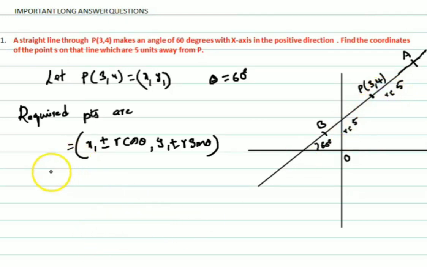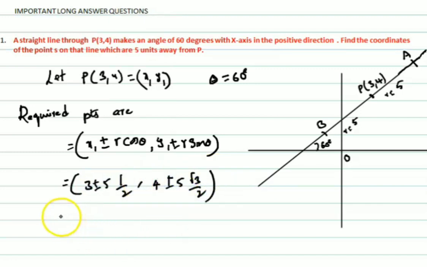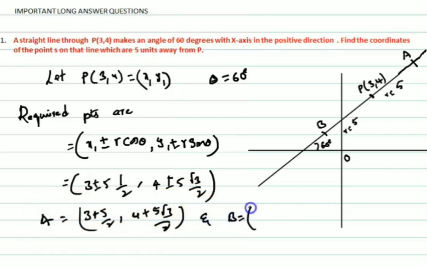So these coordinates can be written as x1 is 3, y1 is 4, plus or minus 5 into cos 60, which is 1 by 2, and sin 60 is root 3 by 2. So let us find the points. 3 plus 5 by 2, comma 4 plus 5 root 3 by 2 is 1 point. I consider this as A, and B is 3 minus 5 by 2, comma 4 minus 5 root 3 by 2.